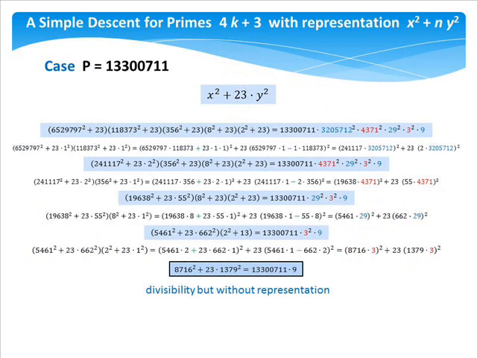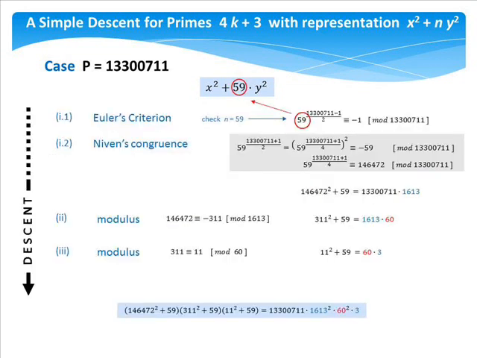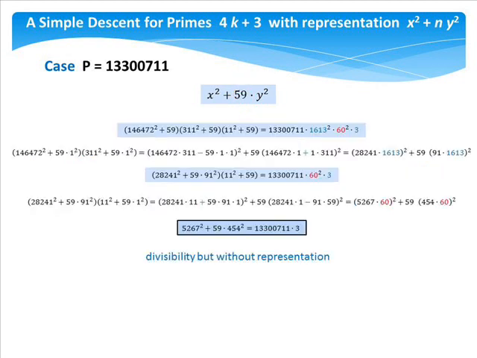Here we have divisibility but no representation. That is, we reach the smallest x squared plus 23 times y squared that is divisible by 13,300,711. When we analyze n equals 59, we reach the same conclusion. We got divisibility but no representation.